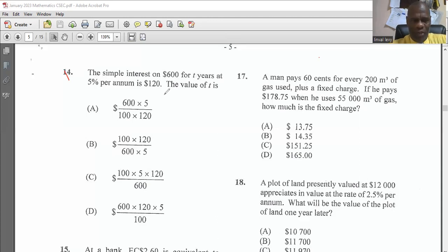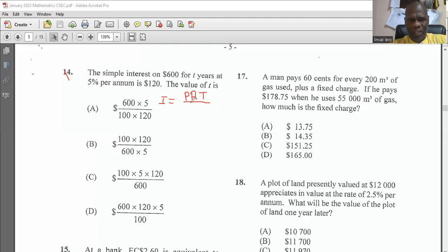All right. Now the general form or formula for simple interest is I. Let me write that. So I equals P, so it's P times R times T over 100.